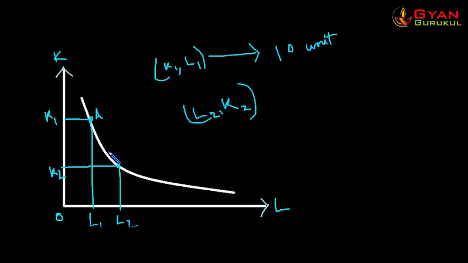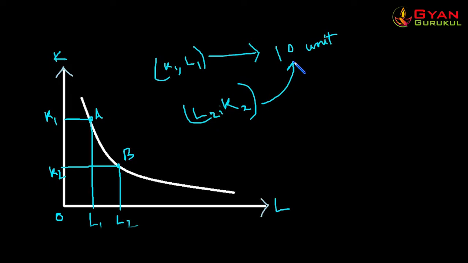Clear? Now we have moved from point A to point B, where the producer is using L2 amount of labor, which is higher than before, and K2 amount of capital, which is lower than before. This will also give the producer the same level of output, that is 10 units.